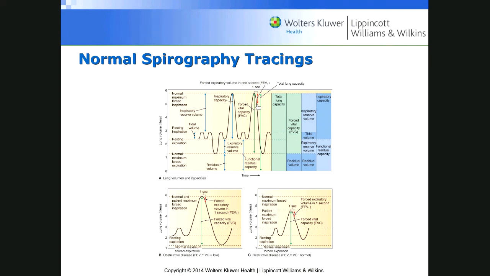But if you are sick, say if you have emphysema, blowing it out is a very laborious process. It'll take you more than 1 second to blow out that 80% of the volume, for example.